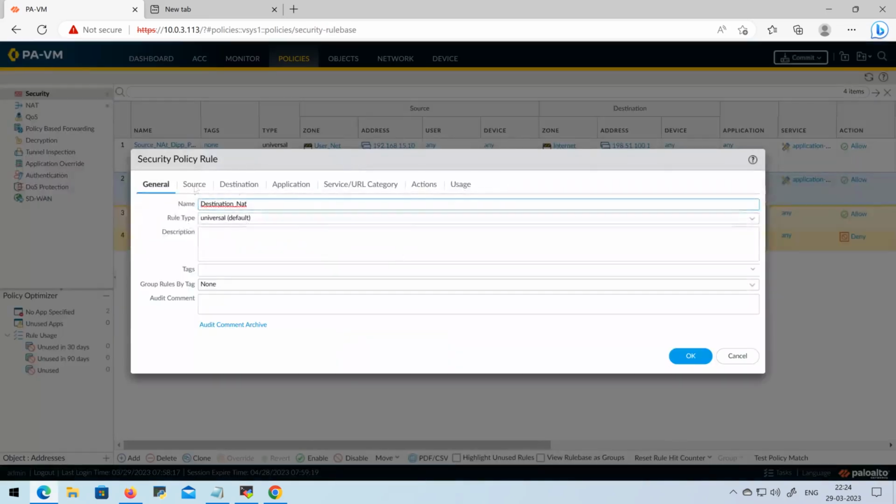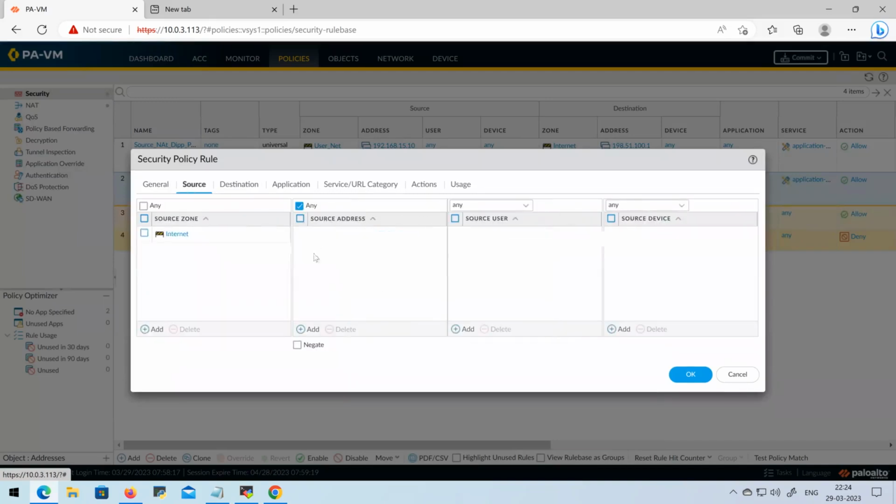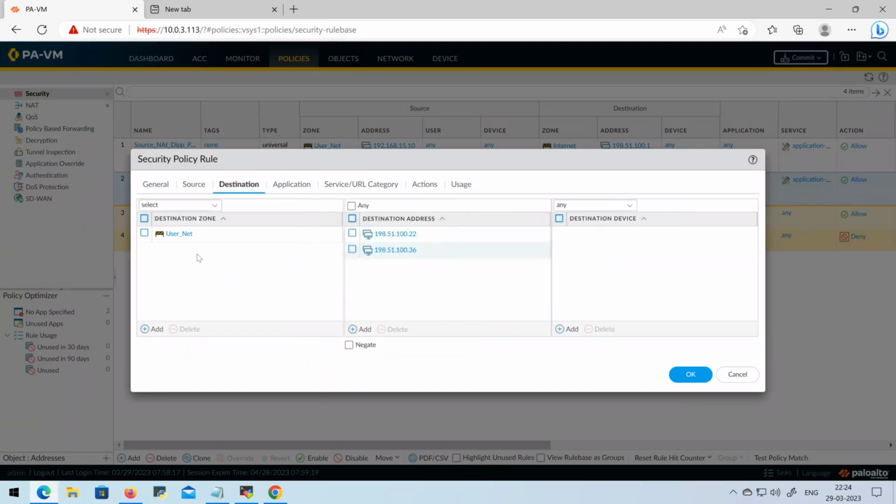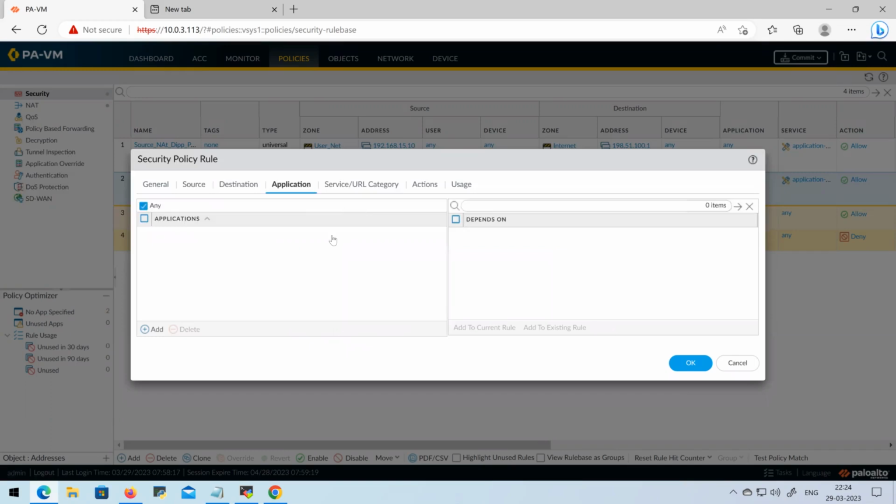So let's go to destination NAT. In the destination NAT policy, traffic is sourced from internet, going to the destination usernet for any of these IP addresses. Application any, service URL.